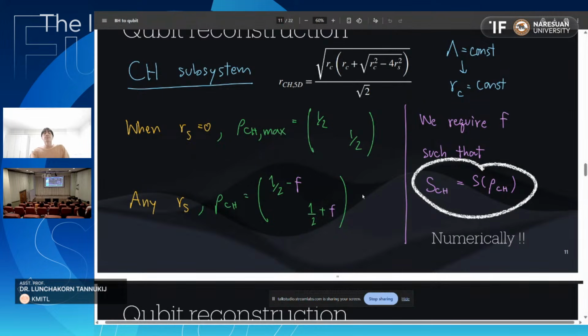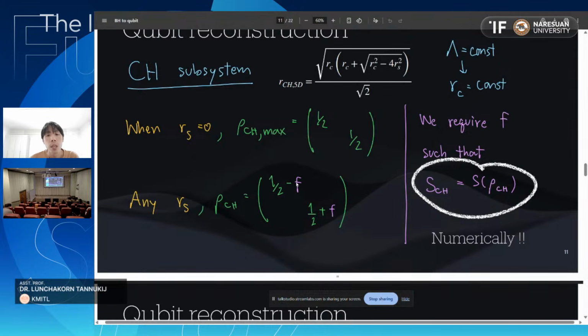So if this is the state of maximized entropy, then if I introduce some function that depends on Rs, like this, then probably I can identify the entropy of the CH subsystem with this kind of density matrix everywhere away from Rs equals 0.